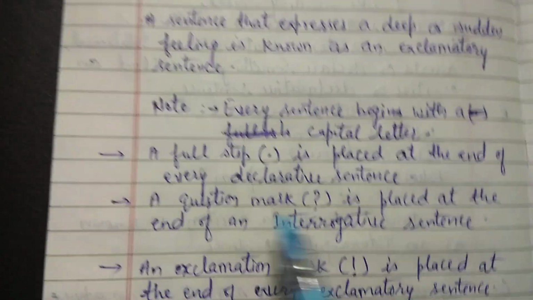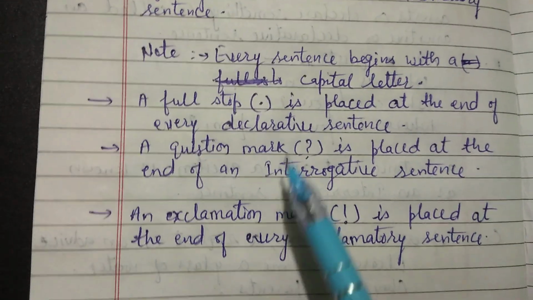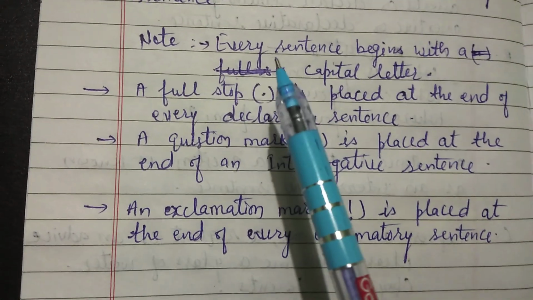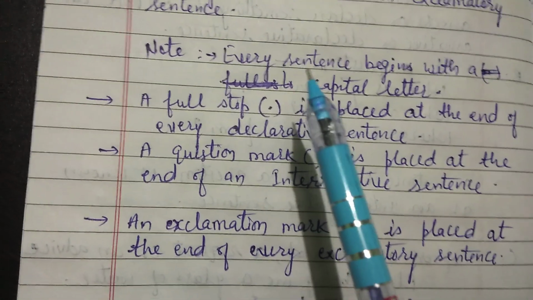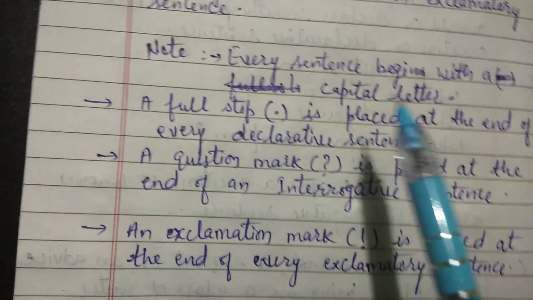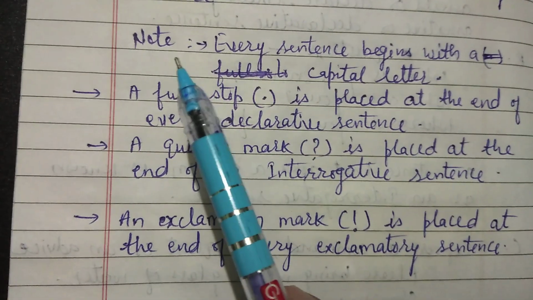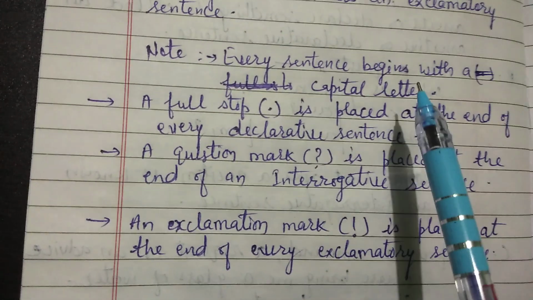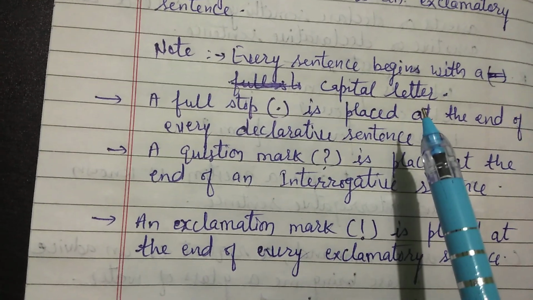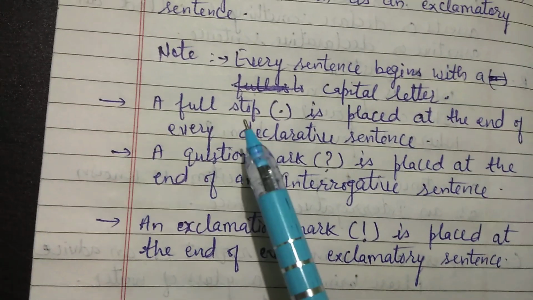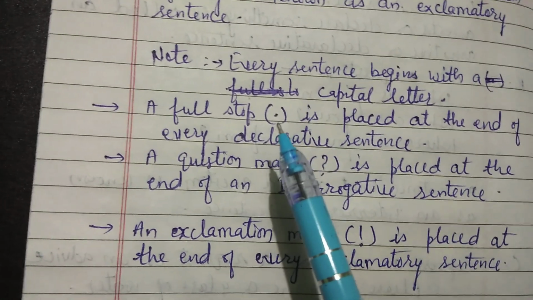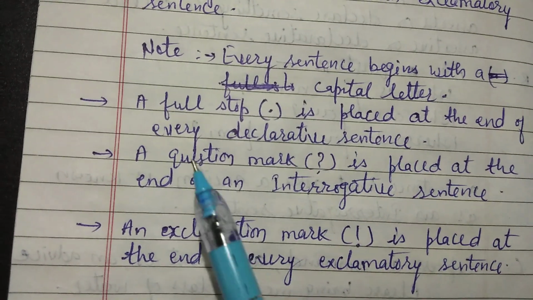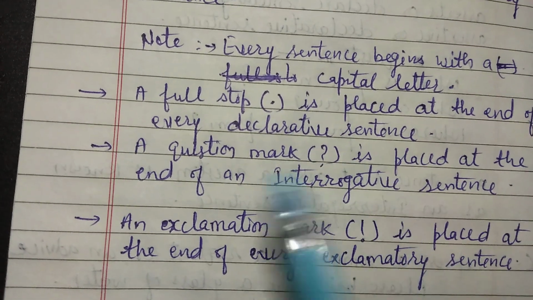Note: we must keep these points in mind. These points will help us to identify the type of sentence we are reading or writing. First, every sentence begins with a capital letter. A full stop, the symbol of which has been shown in the bracket, is placed at the end of every declarative sentence.